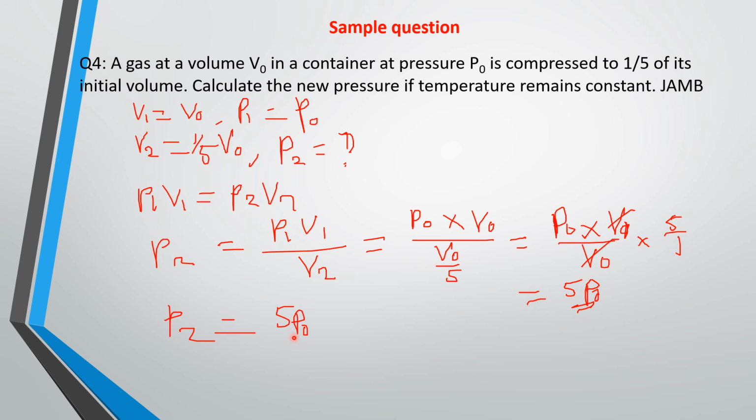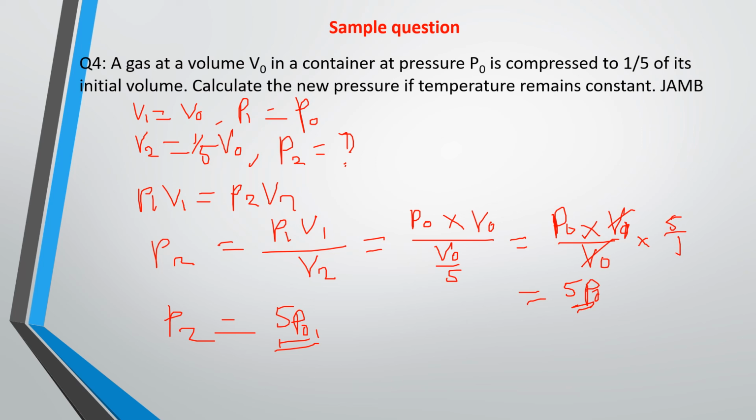So that is what this simply means. I hope this is simple and easy for you to comprehend. This is simple mathematics. Okay, so that is it, and I hope it's clear for you to understand.